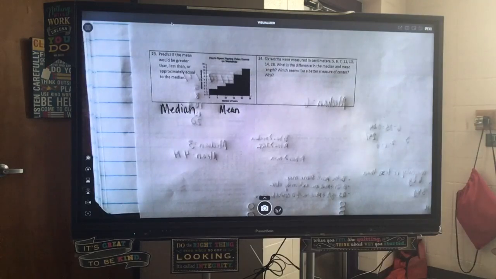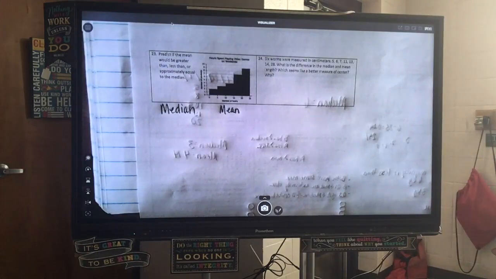Or stand up if it would be equal to. So why did the majority of us say less than? What was our reasoning? There's got to be a reason y'all stood up, right? Joseph?